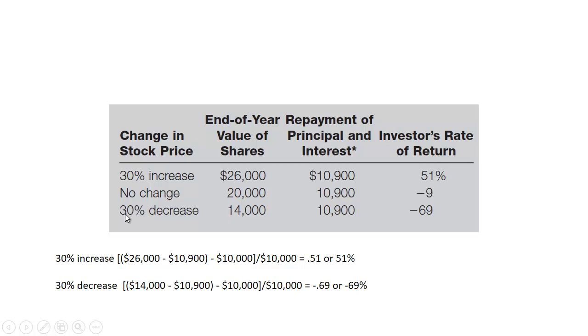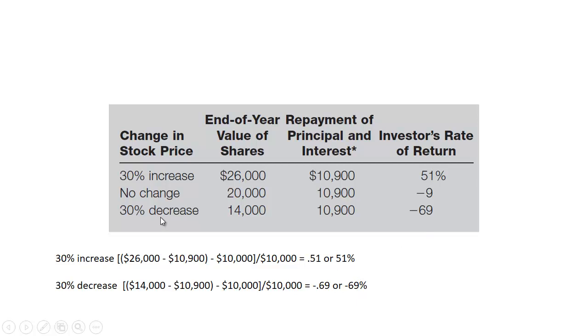If the stock price falls by 30%, so falls by $6,000 down to $14,000, we can calculate the rate of return as well using the same formula. The value of the stock position minus the loan amount minus the original investment divided by the original investment. Now you lose 69%.